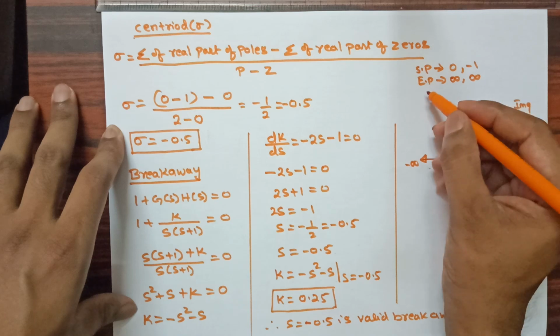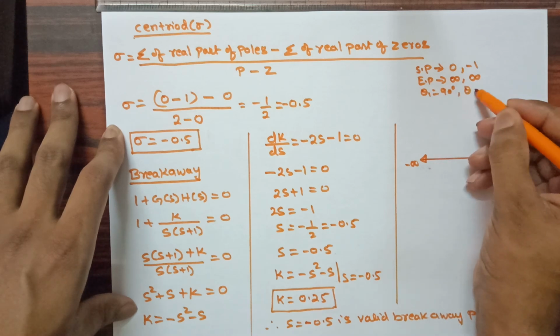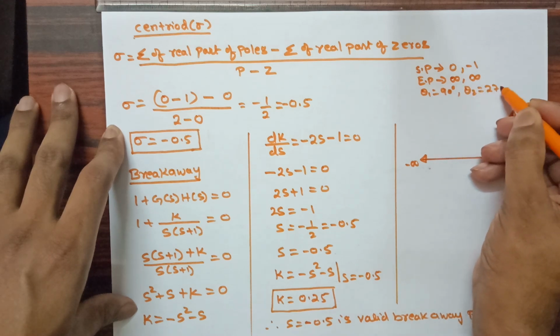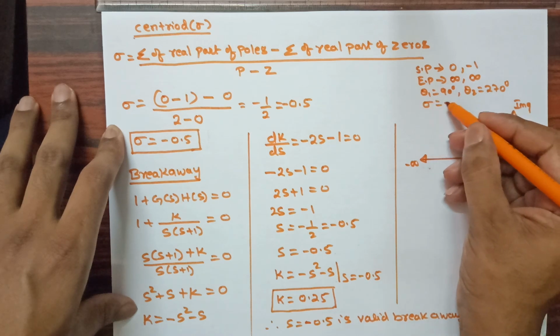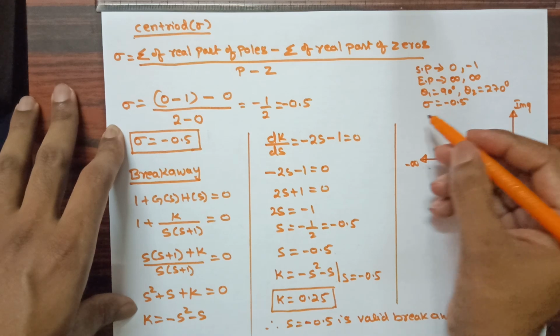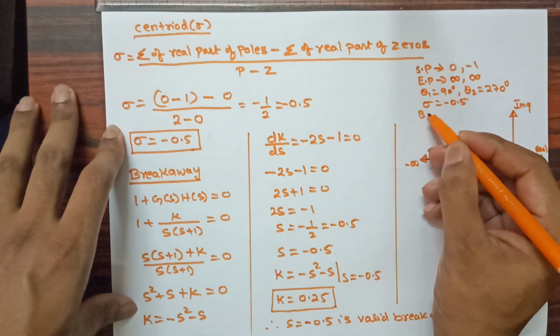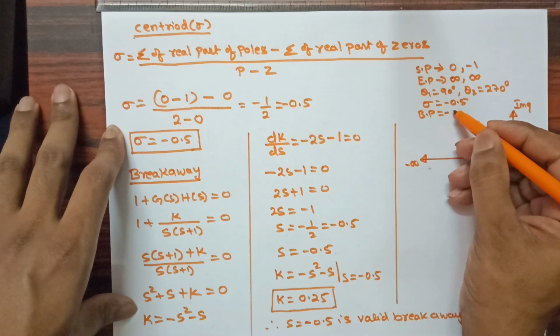Then I calculated the angle of asymptote: theta 1 is 90 degrees, theta 2 is 270 degrees, the centroid is -0.5, and the breakaway point is somewhere here at -0.5.